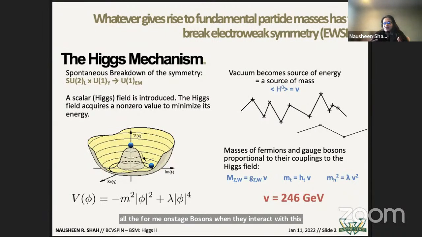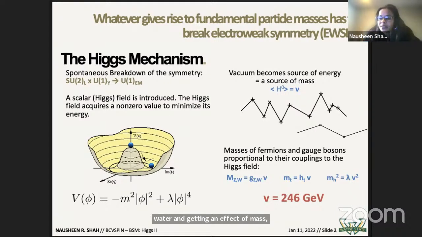If there wasn't a Higgs field, these things would all be massless and they would be traveling at the speed of light. But they interact with this background Higgs field and they gain a mass, right? And like I said, the analogy that I would want you to have in your mind is something traveling through water and getting an effective mass because of that.